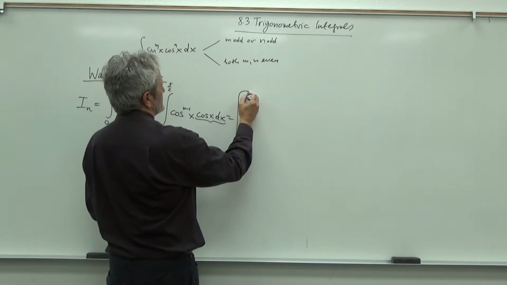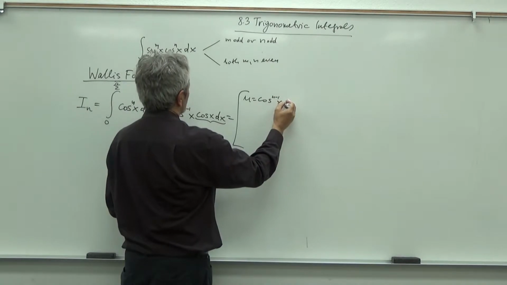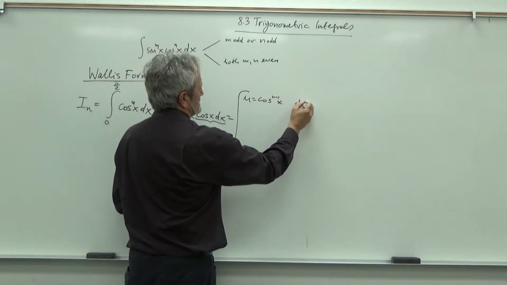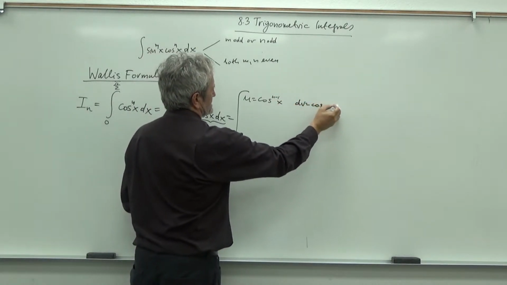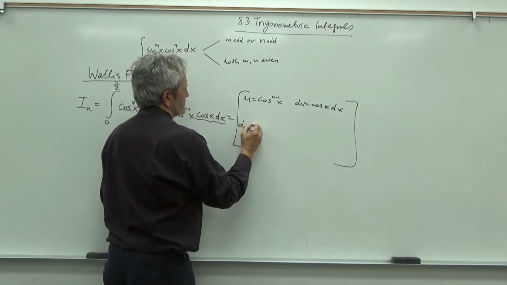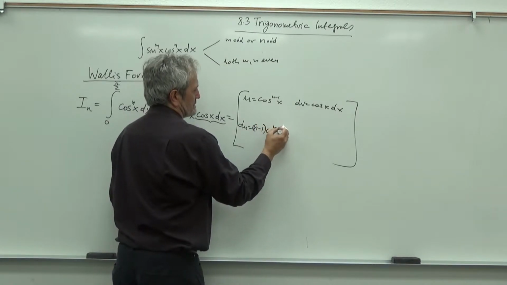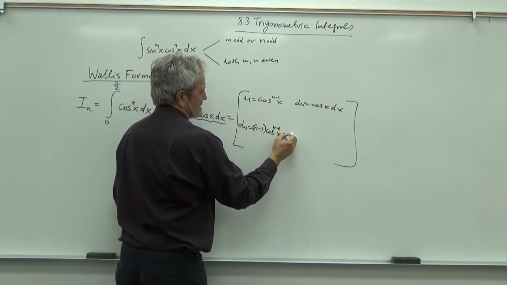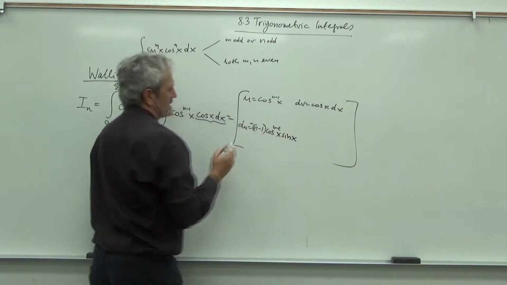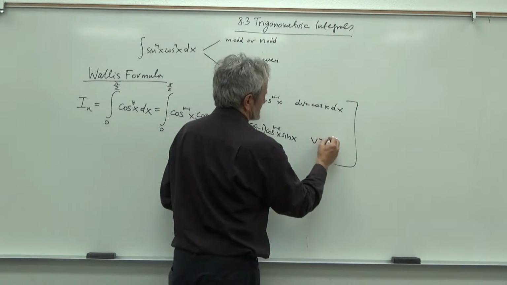So u equals cosine to the n minus 1 of x, and dv is cosine x dx. So du is n minus 1 cosine to the n minus 2 of x. The derivative of cosine x is sine x, so minus. And v will be just sine x.